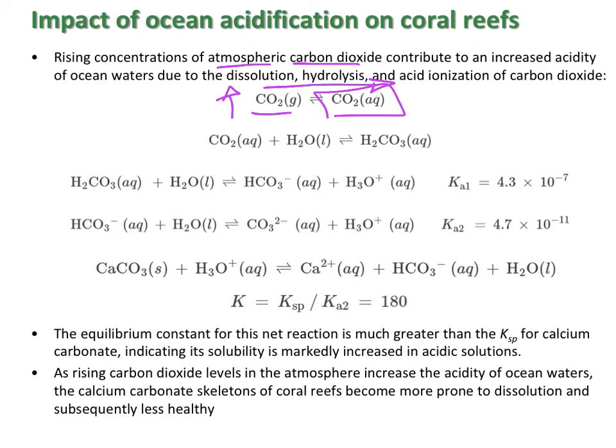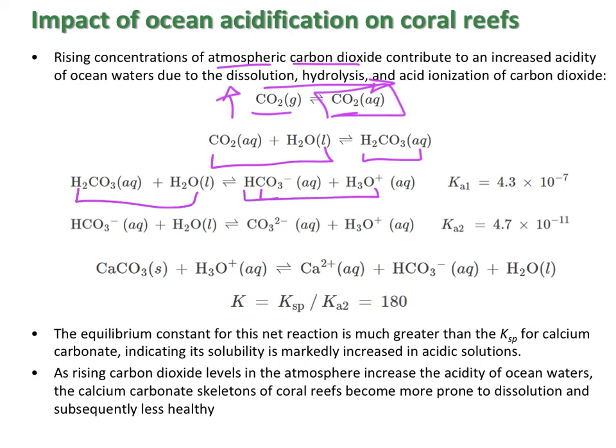Now, once you have that CO2 dissolved into water, it doesn't just hang around. You always have subsequent chemical reactions. It actually reacts with water. So it'll react with water molecules and you end up getting carbonic acid, which is H2CO3 aqueous. This carbonic acid will react with water again and you end up getting hydronium in solution.